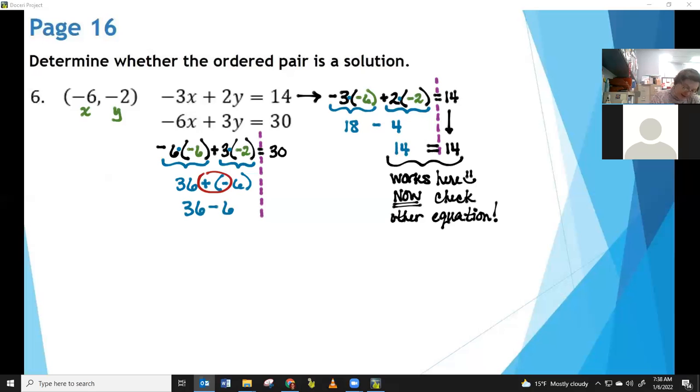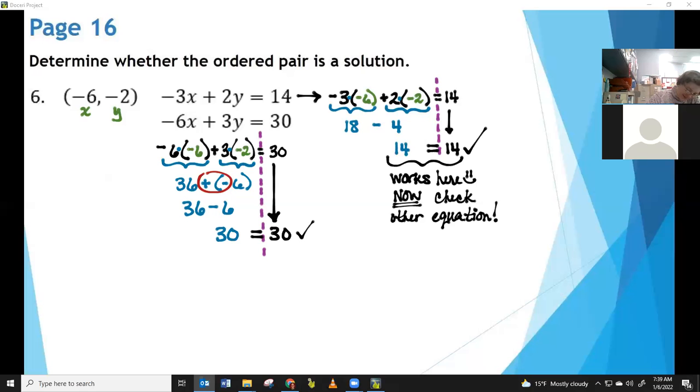I love that you wrote it like that. What is 36 minus 6? 30. Cool beans. Because on the other side, we had 30. What does that tell me about this ordered pair?